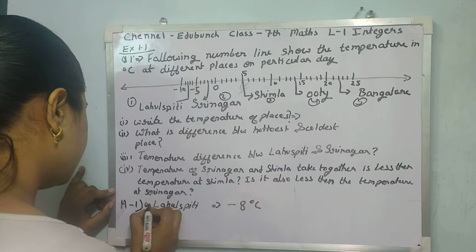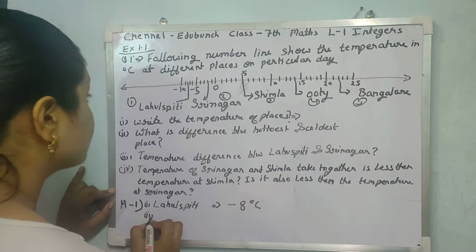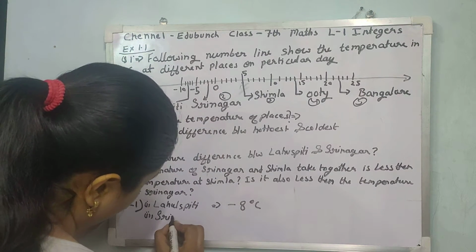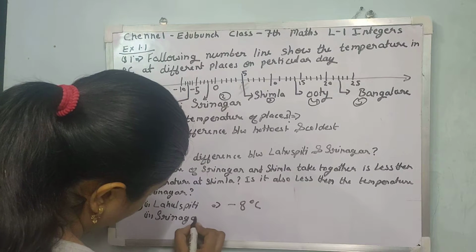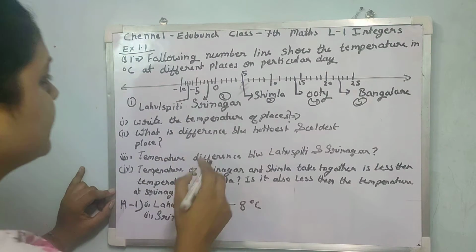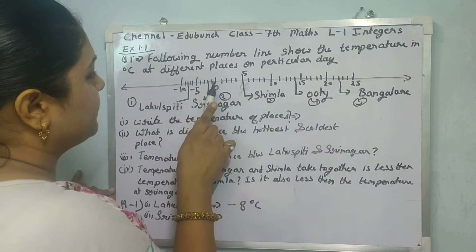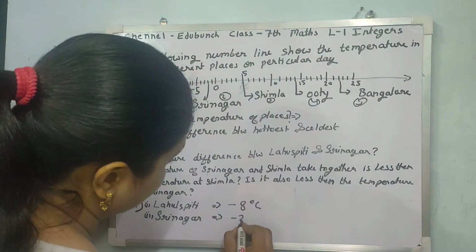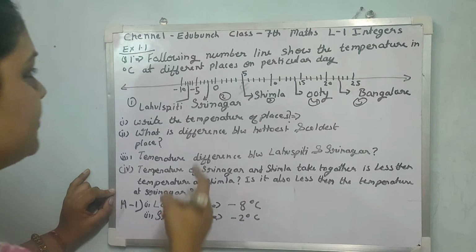The next is Srinagar. The temperature of Srinagar comes from here: 0, -1, -2. So the temperature is -2 degrees Celsius in Srinagar.